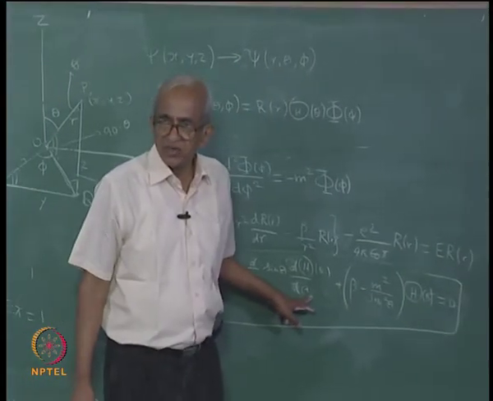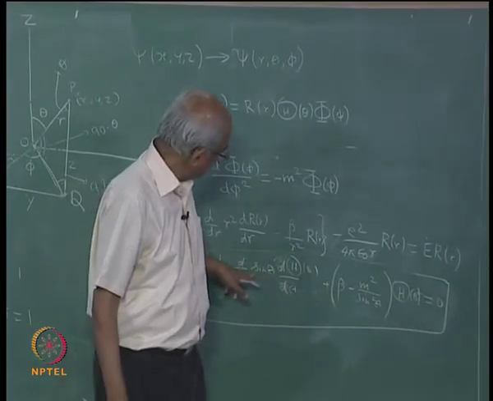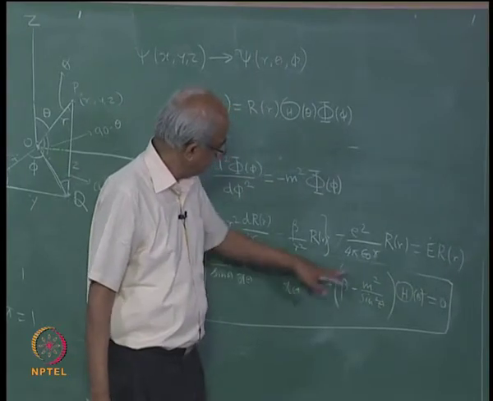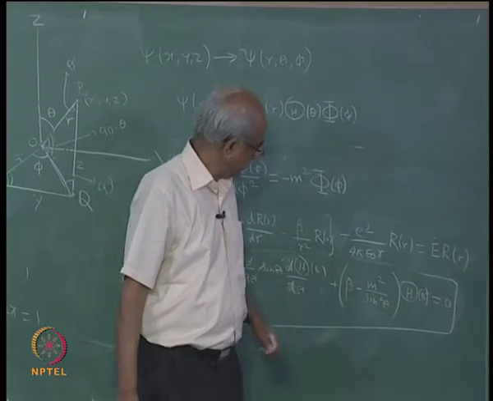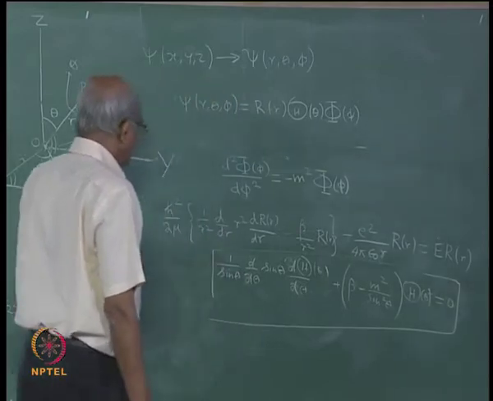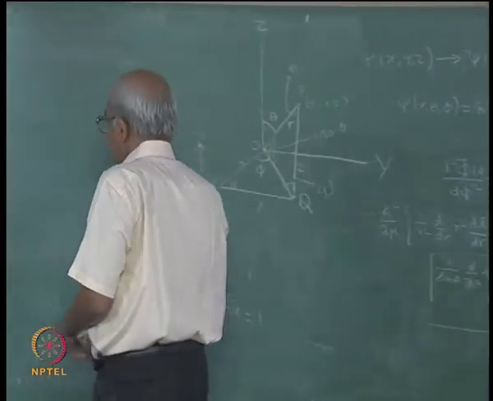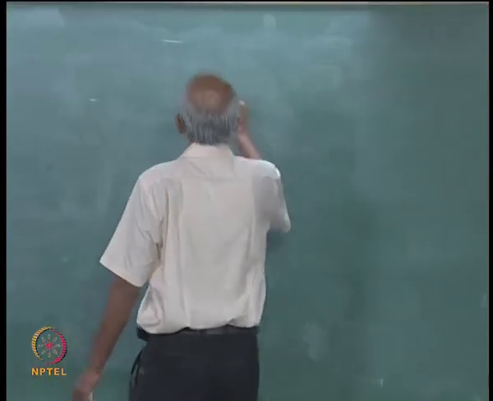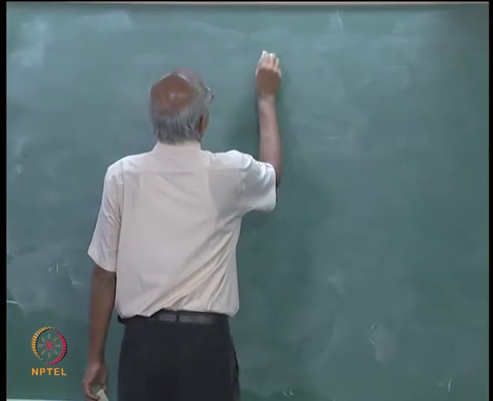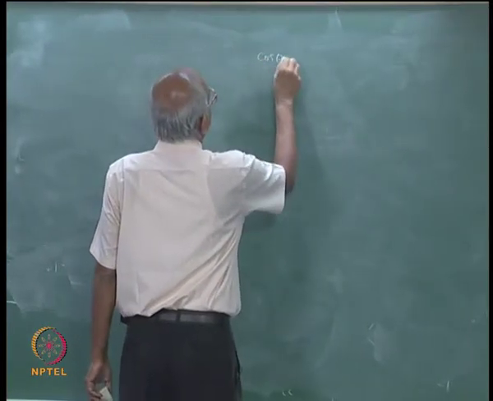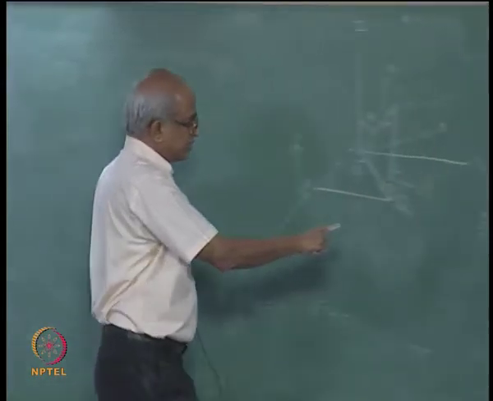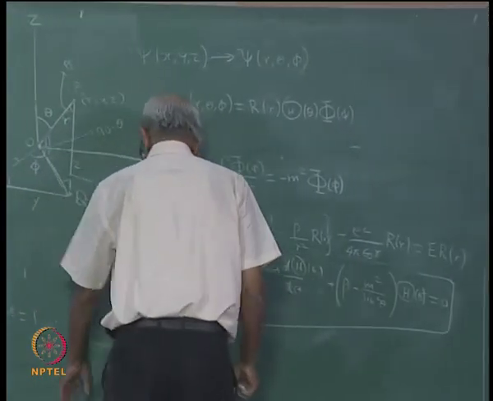I have already told you that, and there is actually sin theta occurring here in this expression. So what we will find convenient is to introduce a new variable. We are going to rewrite this equation in terms of a new variable, which I will denote as z.